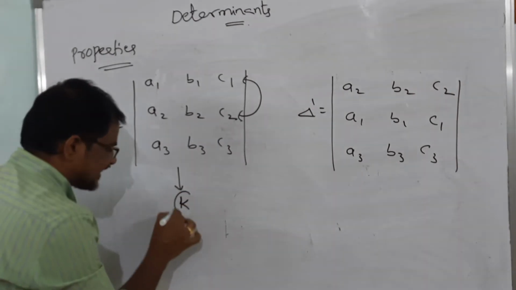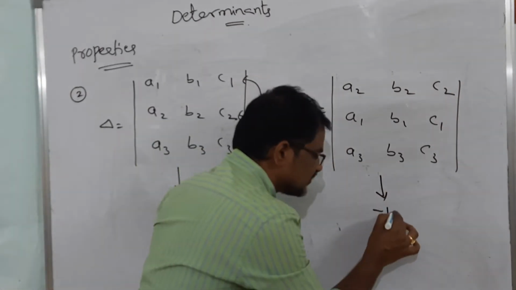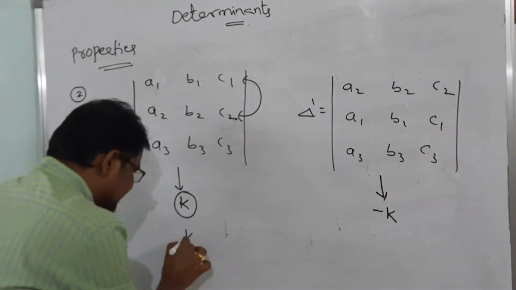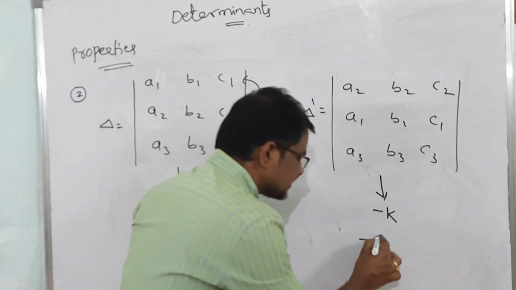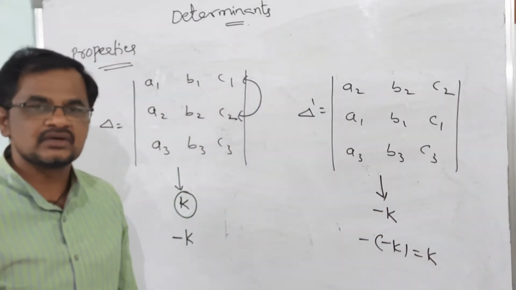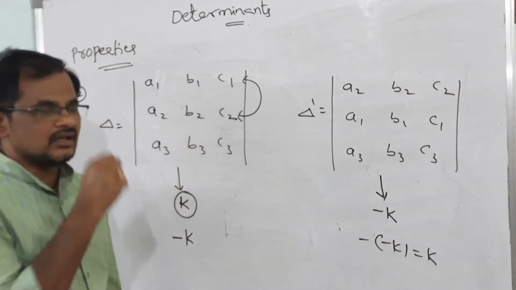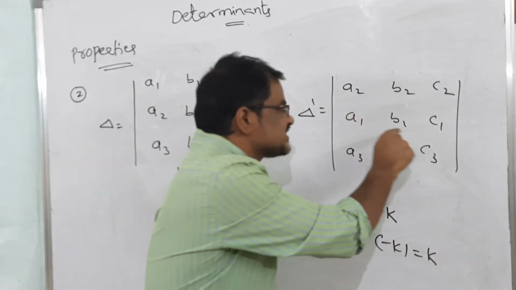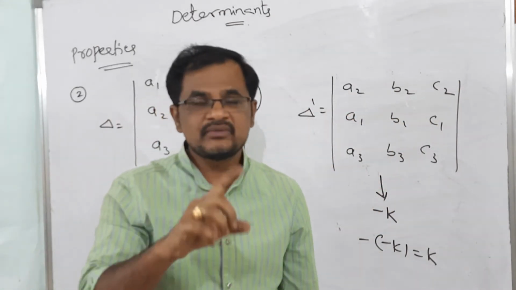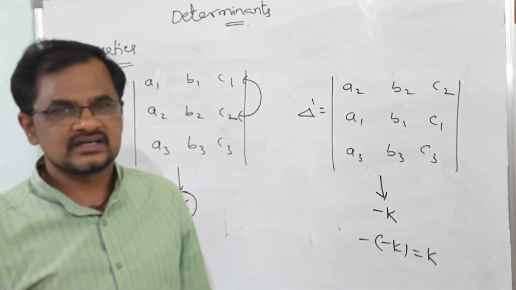Suppose you get k value in the original, then if you simplify here, definitely you will get minus k. So the conclusion is: in a determinant, if you interchange any two rows or any two columns, then the sign of the determinant changes, right?